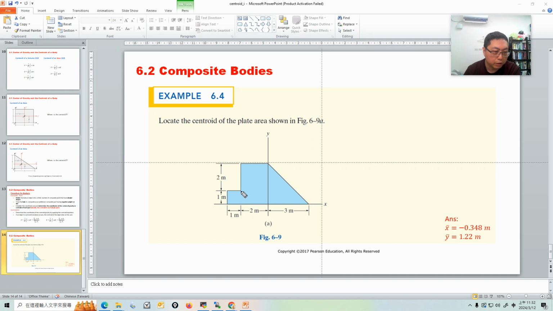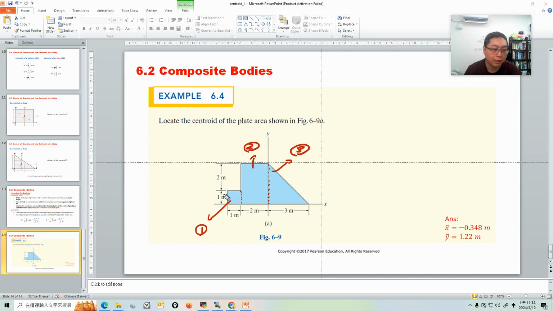I can divide something like this, and then it will become simple parts. I call this one, I call this two, and I call this three. One is a rectangle, two is a rectangle, and three is a right triangle, right?